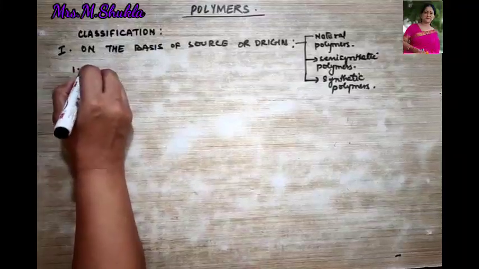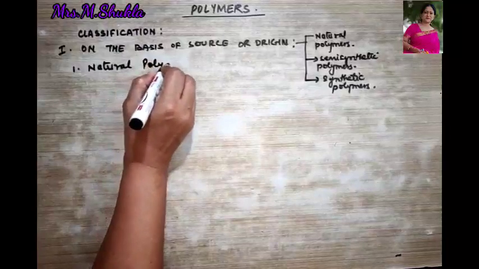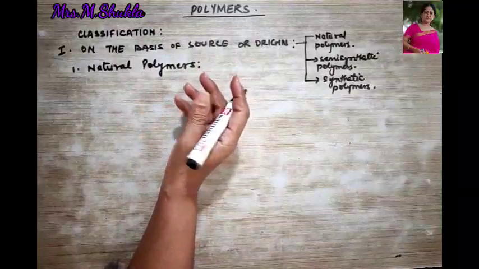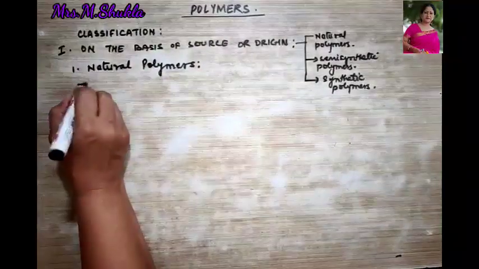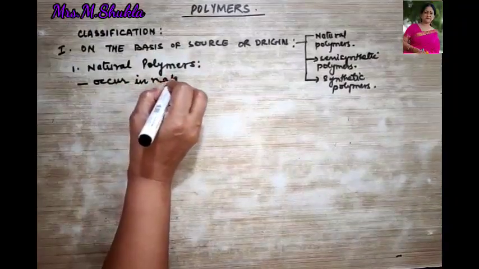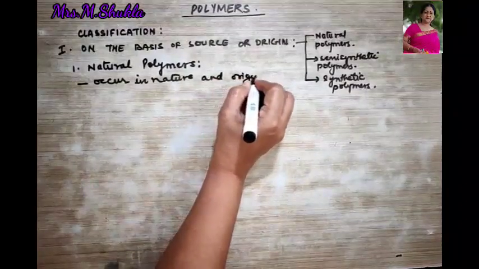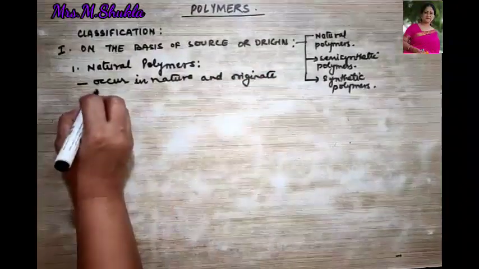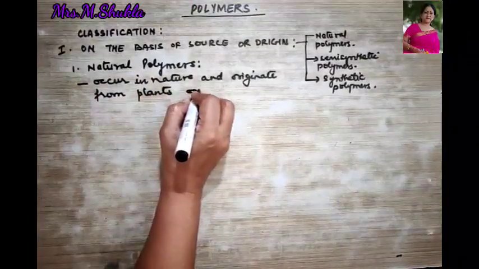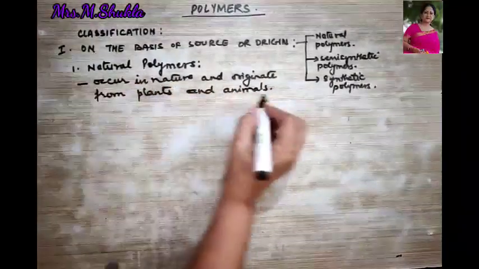The first one is your natural polymers. They occur in nature and they originate from plants and animals, because as the word suggests, natural.